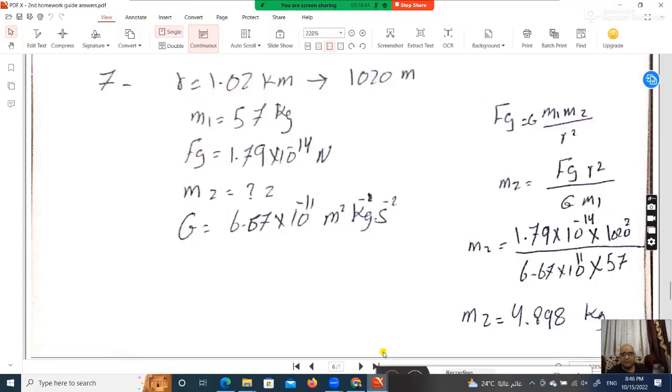He's using here the rule of the gravitational force. We have the givens, but notice that the distance is presented in kilometer. You have to change it into meter, so multiply by 1,000. Then find m2 equals Fg R squared divided by G m1, and substitute to find the mass of the second object.